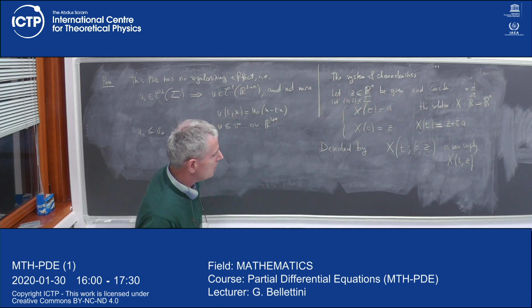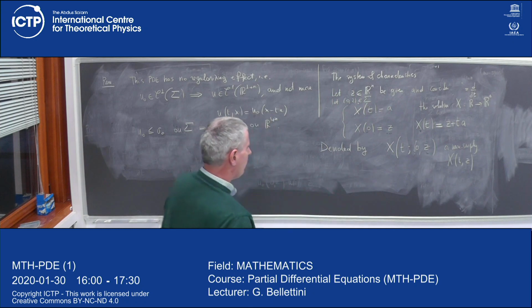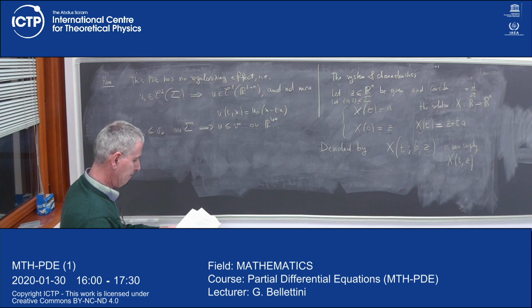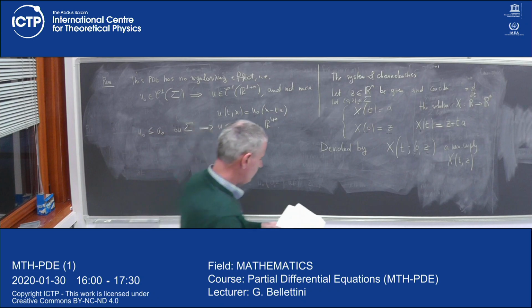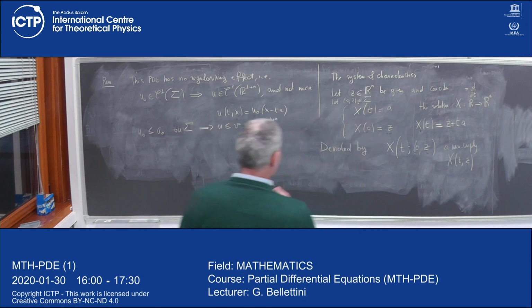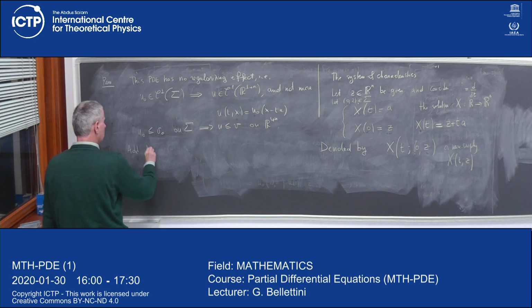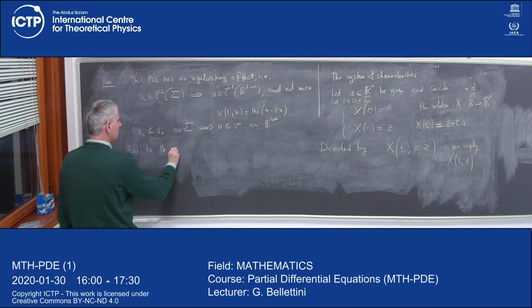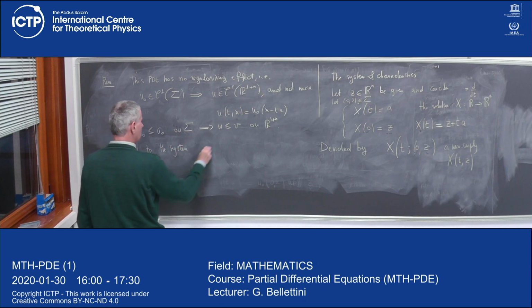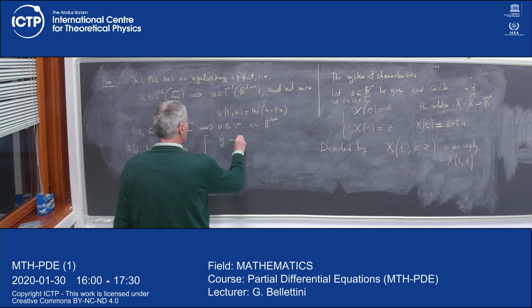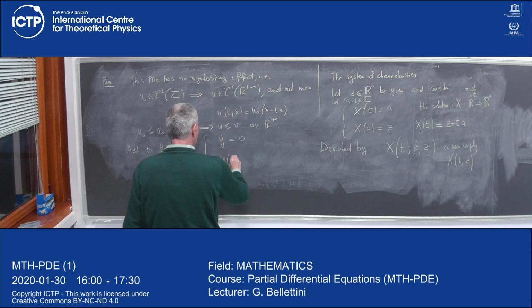Okay, let me add to this system another system, now scalar: y dot equals 0, y of 0 equals u0 of z.